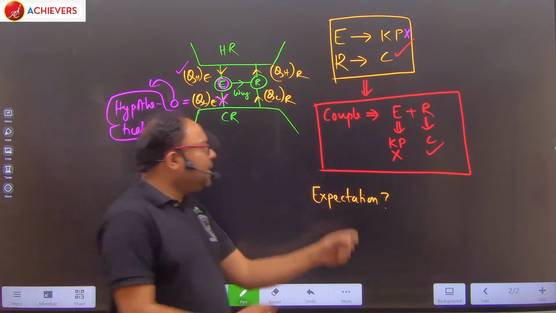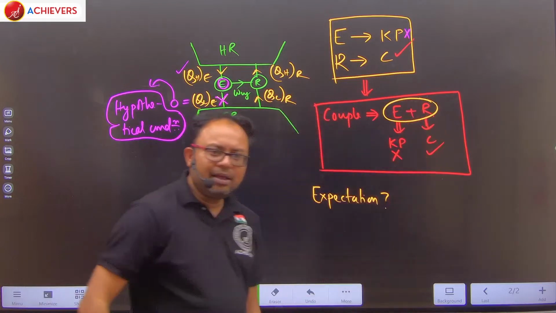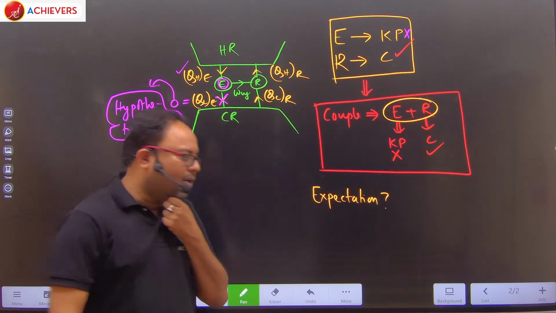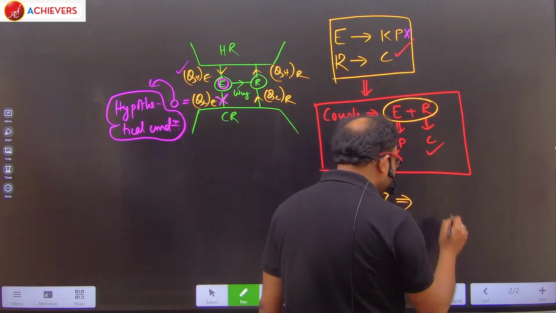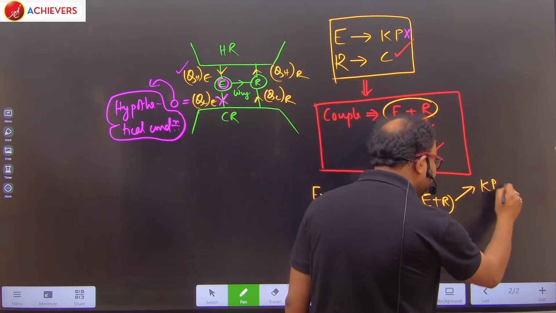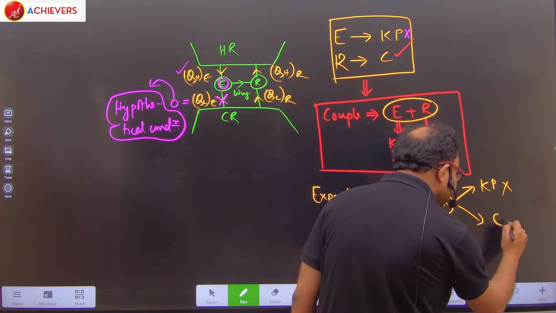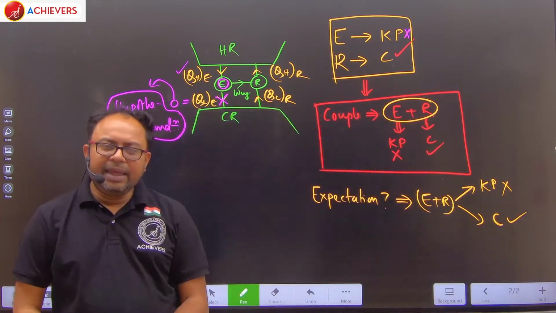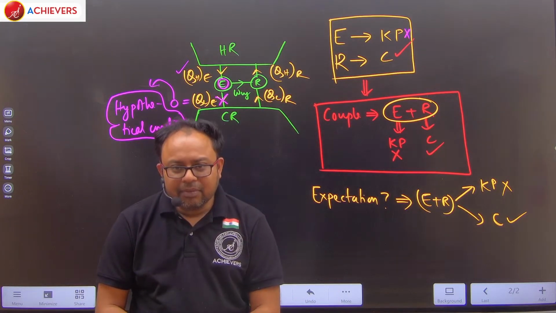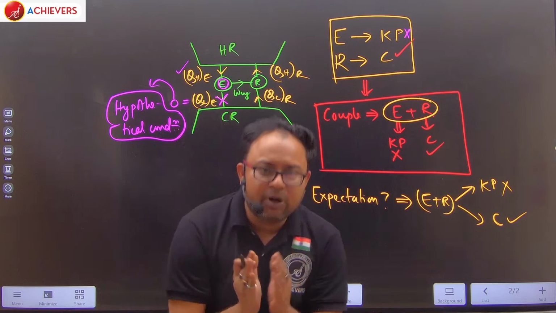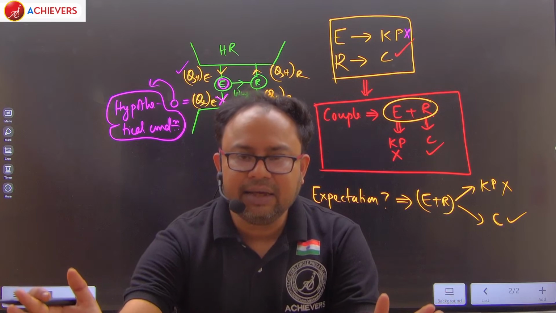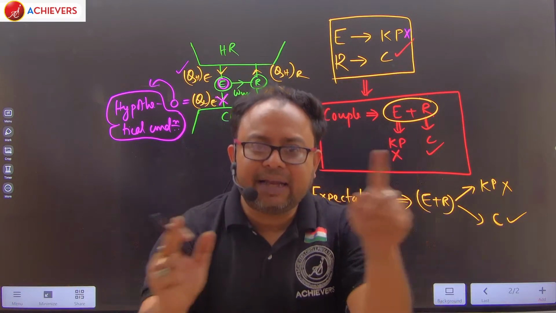If the couple comprises E and R, E is violating Kp and R is following C, then our expectation is that E plus R is also going to violate Kp, but it is going to follow C. Out of these two thermodynamic entities, E is violating Kp, but R is following C. So what do we expect about the couple?